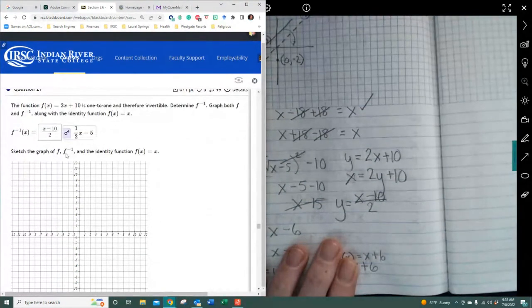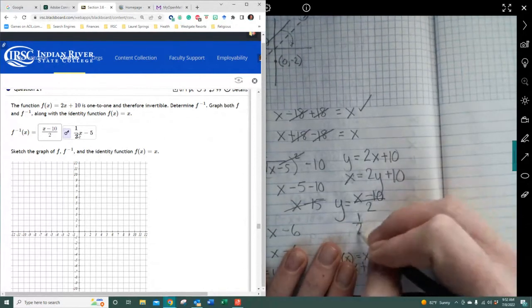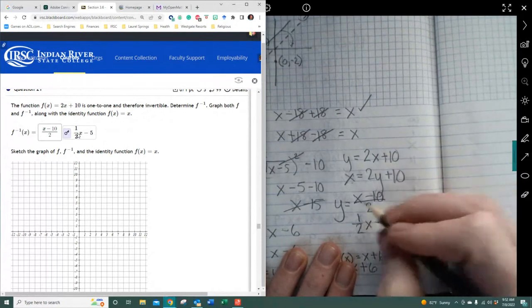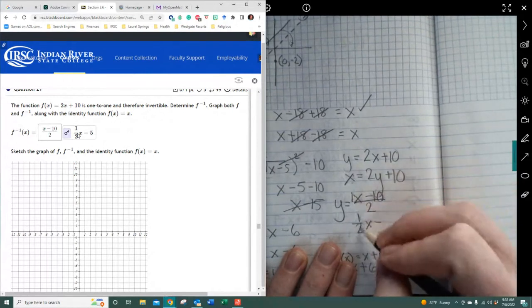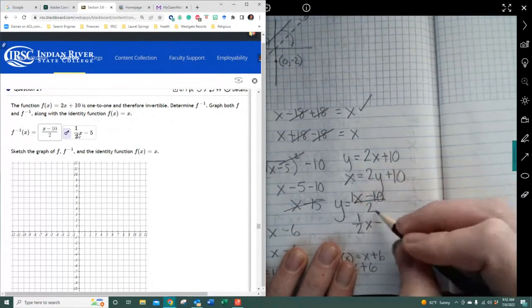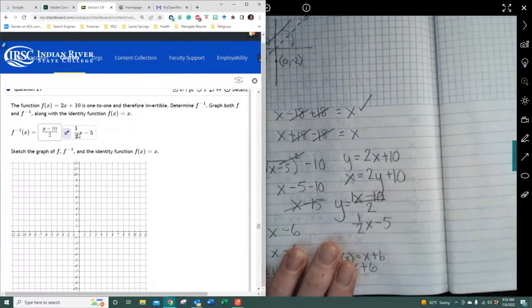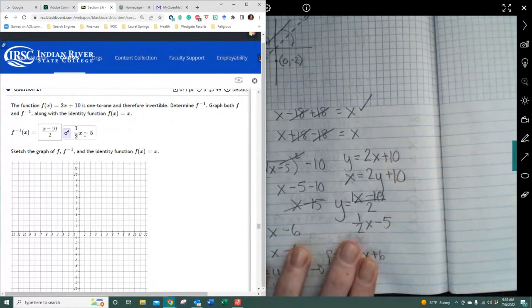Now, when we're graphing it, it's probably more appropriate that we graph it using this. So perhaps you would want to split it for that reason and that reason only. You just take this 1 and divide it by 2, take this 10 and divide it by 2, and you get 1/2 x minus 5. Now, I'm going to leave it as this answer, though.